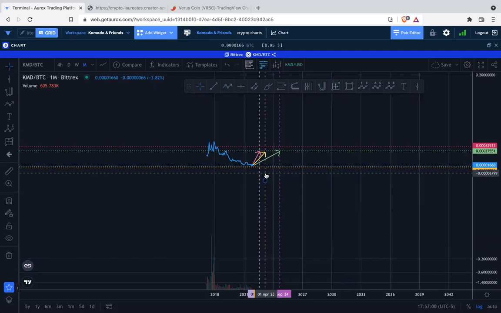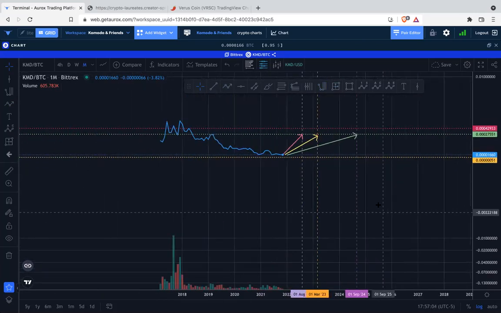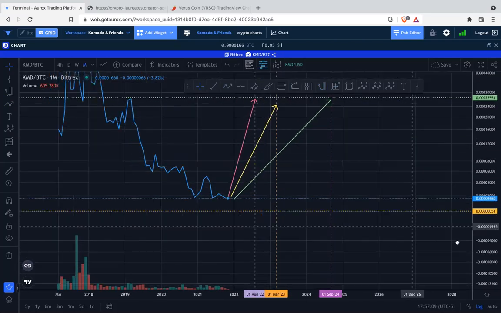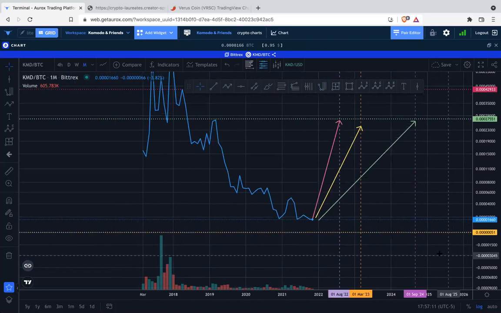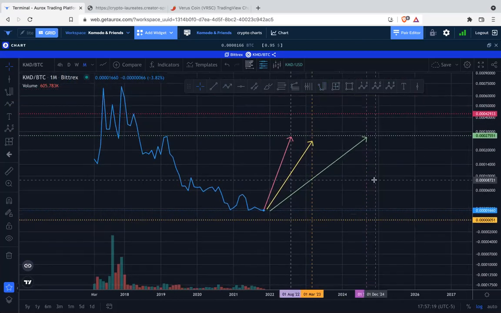Is it going to be March, spring of 2023, or is it going to be spring of 2022 here? That looks wild if that's the case. But I feel like we need to chop around here.